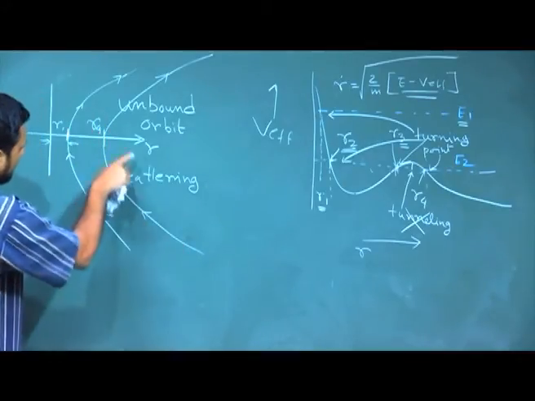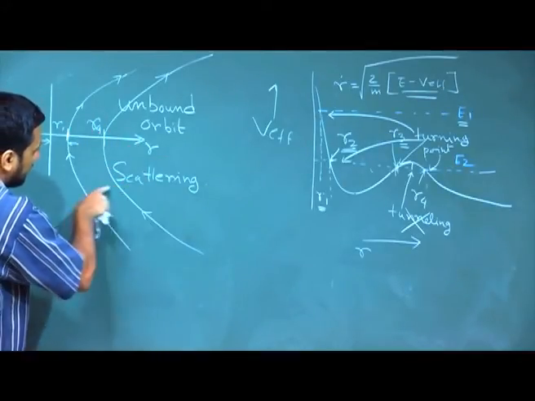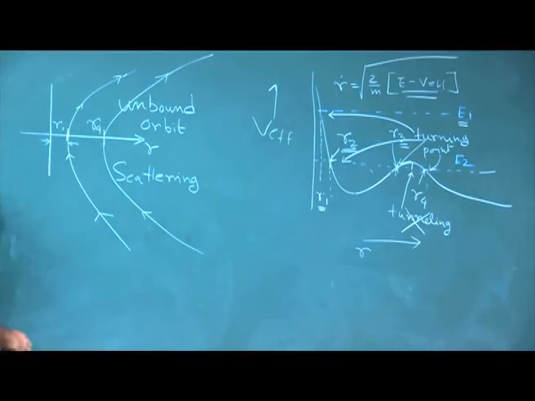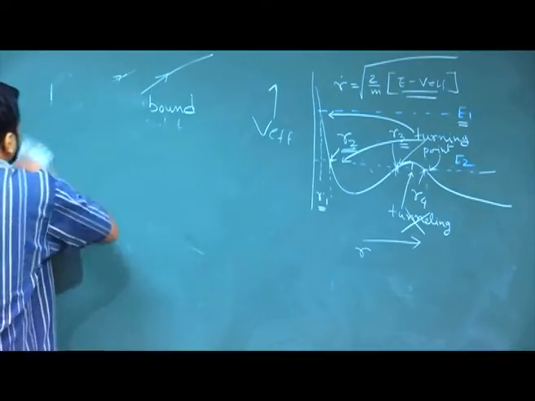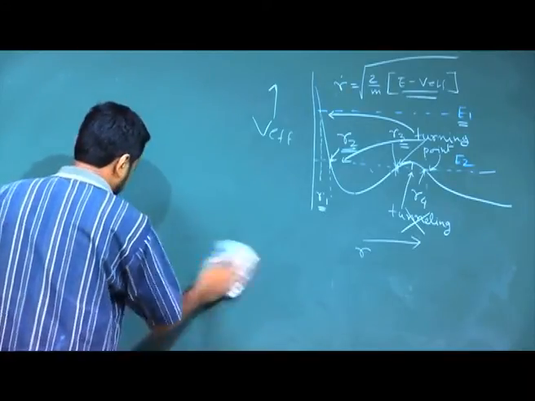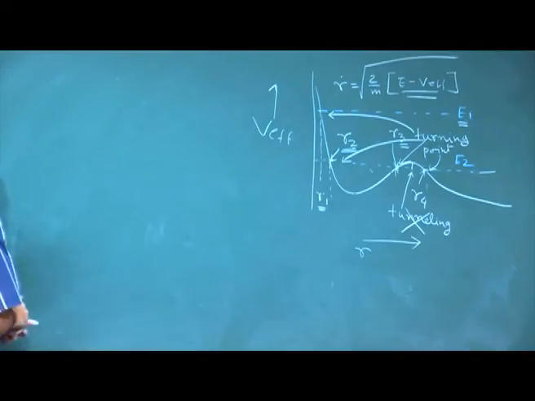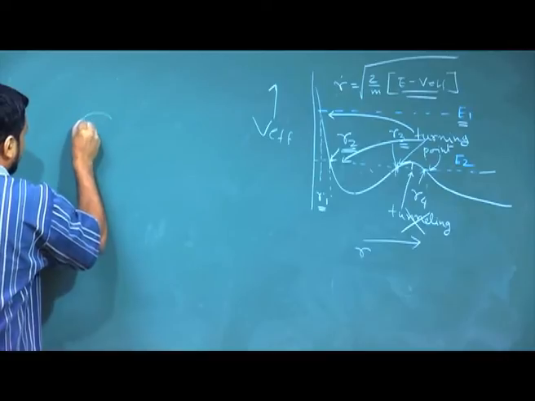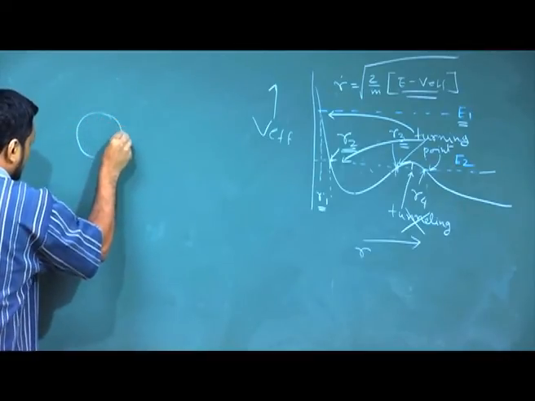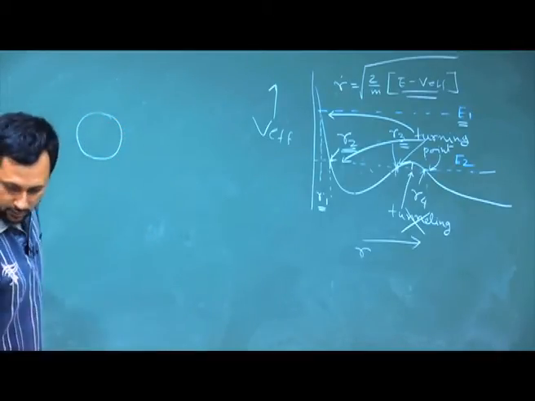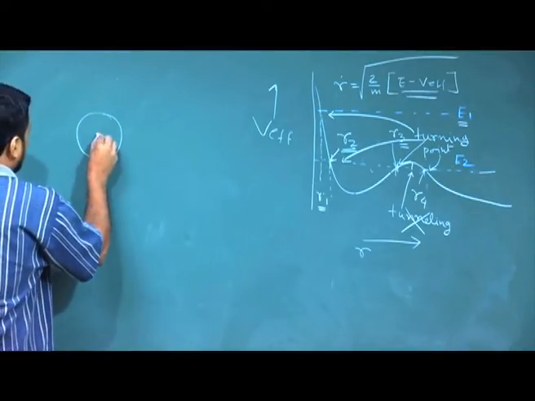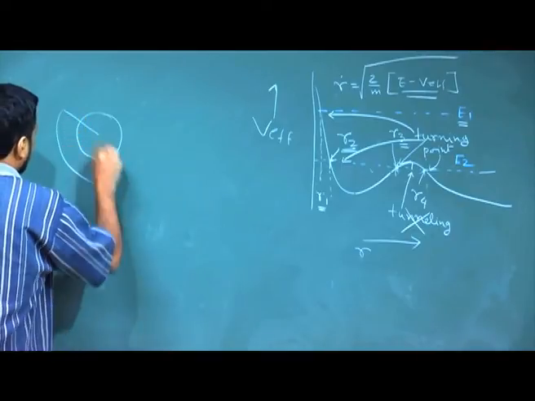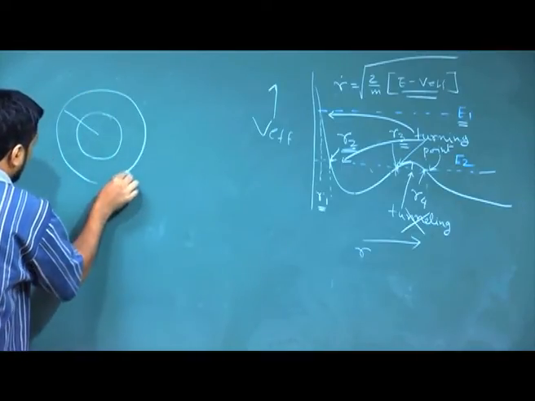We have already seen the unbound orbit, which results in a scattering with the turning point either R1 or R4 depending on the energy. What happens for a bound state is that the particle keeps moving between two circles with radius R1 and R2.